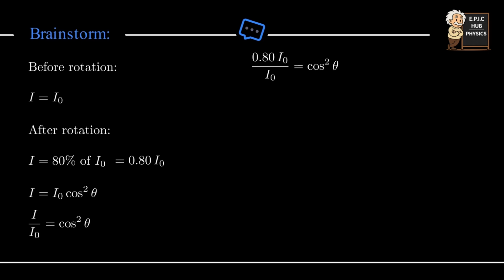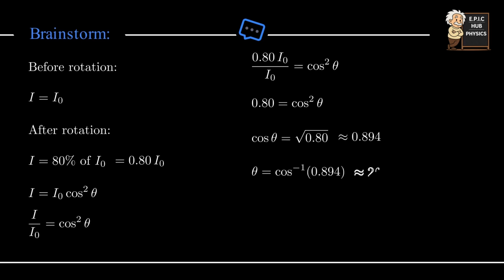By canceling out I0s, this simplifies to 0.80 equals cos squared theta. To solve for theta, we take the square root of both sides. Taking the inverse cosine gives theta equals approximately 26 degrees. This is our final answer.